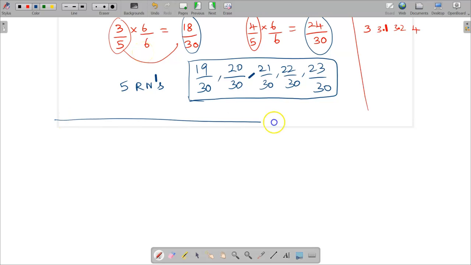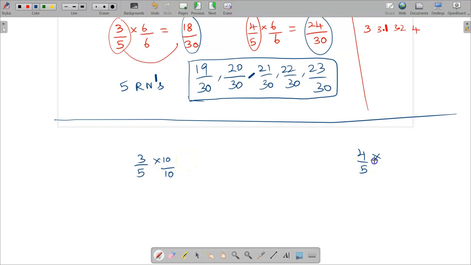For an easier calculation, we can just multiply by 10 in both the numerator and denominator, which will make the calculation easy for us. So you can go with either this method or that method.